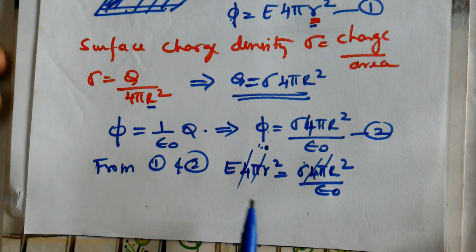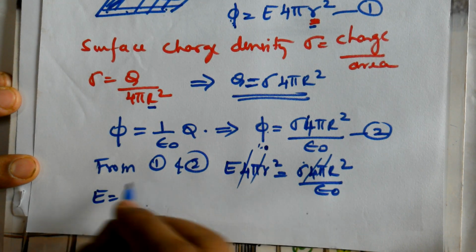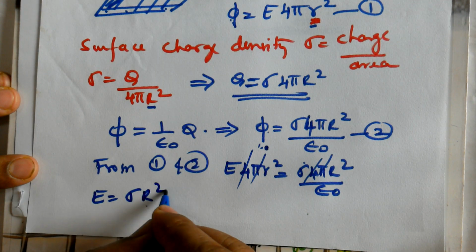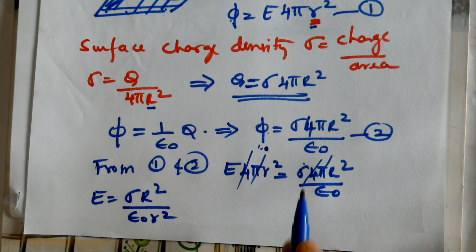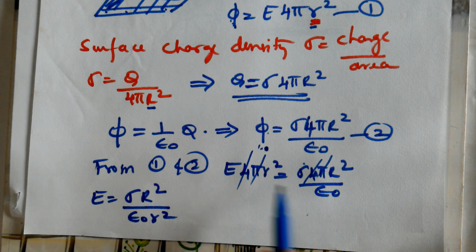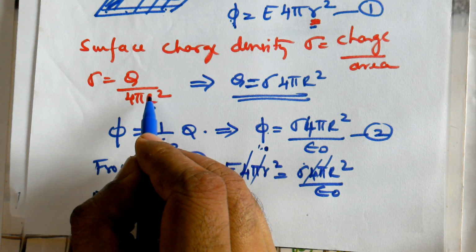So write the equation for electric field now. What is E equal to? E equals sigma capital R squared divided by epsilon naught R squared. Now substitute for sigma once again from this equation, Q by 4 pi R squared.